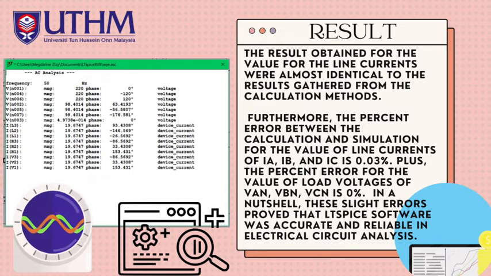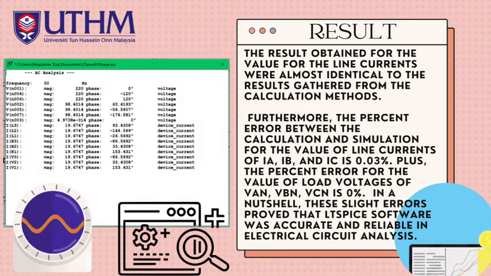Other than that, LTspice software was used for the simulation part of this project. The results obtained for the line currents are: IA is equal to 19.6747 with angle of negative 26.5692 degrees ampere.